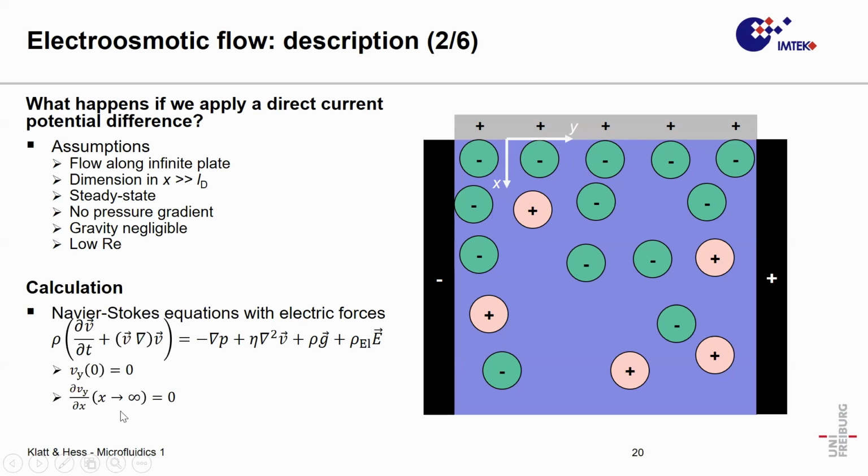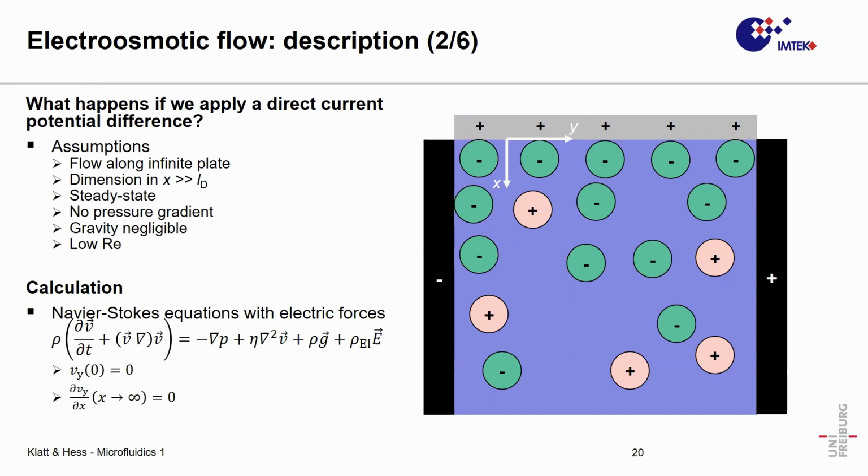And we know as well that if we are far away from the wall, the velocity in direction of y will not change. So this means that at one moment in time, the velocity will become constant if we are far away from the wall.